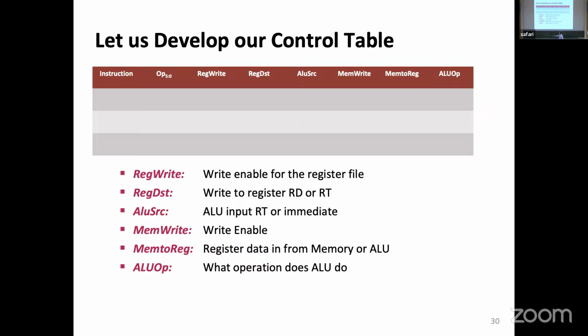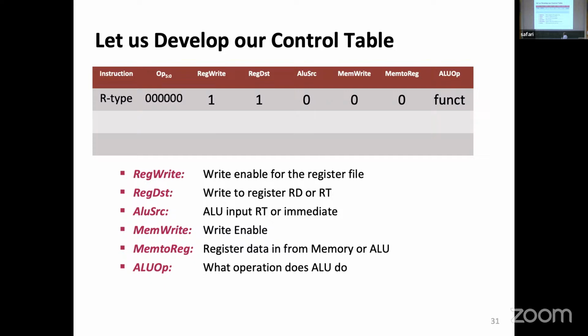This was the multiplexer that chose the A3 here. Is the ALU input coming from this one, or is it an immediate? Am I writing to the memory? Am I writing back? Is this result coming from the ALU, or is it coming from the memory? And what type of operation does the ALU do? Those were the decisions we saw at the beginning.